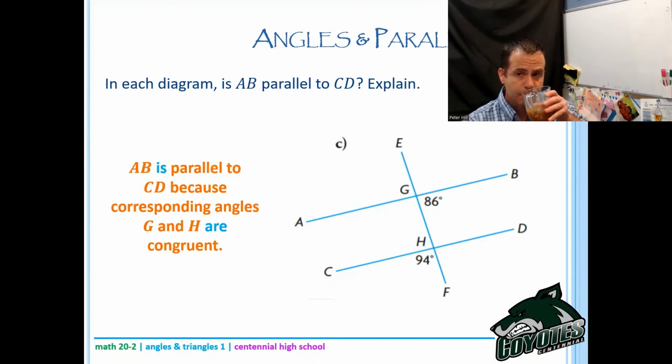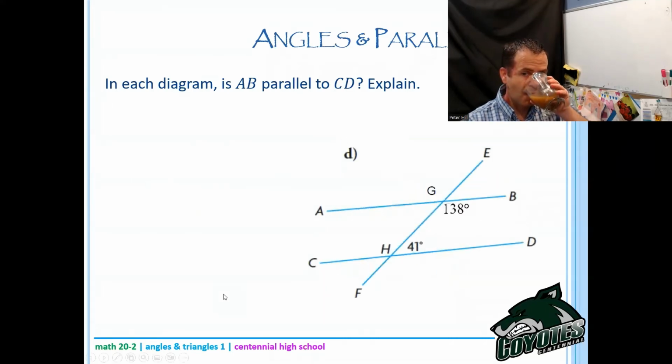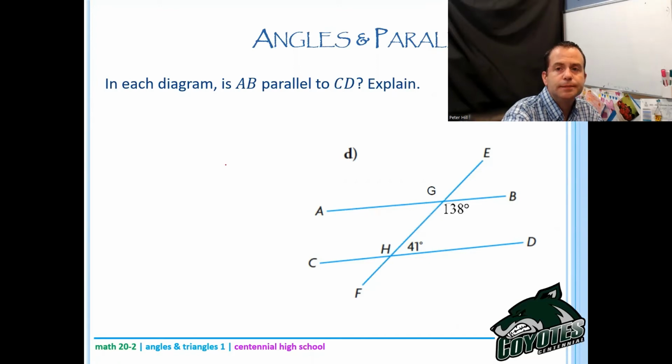Okay, so these are the sorts of conversations you're going to have with yourself throughout today's lesson. Okay, and then we're looking at this guy. So I know that G would have to be 138 because it's opposite the 138 that's there. And then I know that H would have to be 180 minus 41 because that's going to form a straight line.